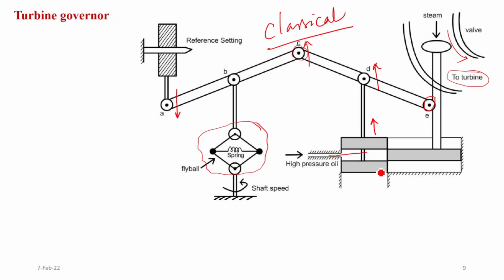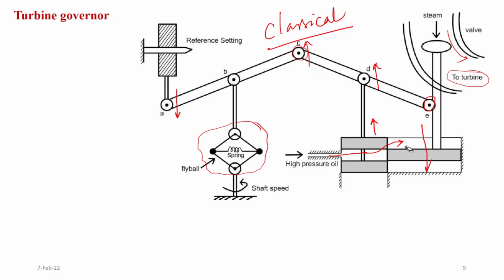Now, when high pressure oil passes through this, your main piston will move down. And when it moves down, your steam flow to the turbine will increase and the turbine speed will increase by that.